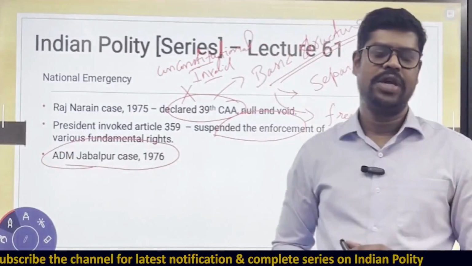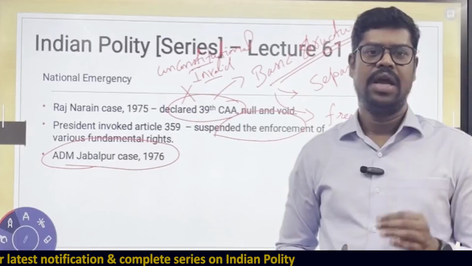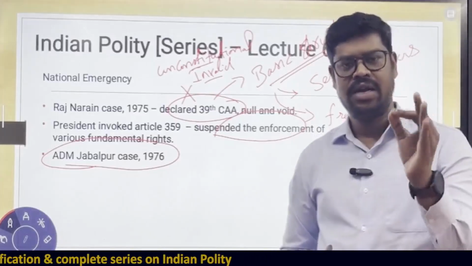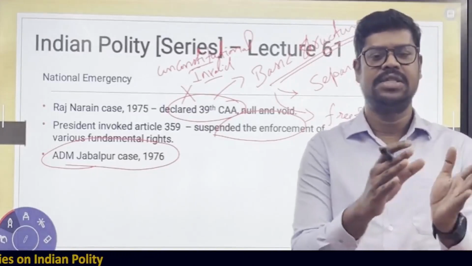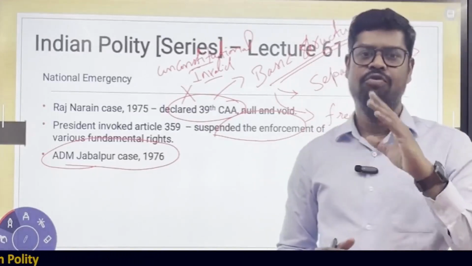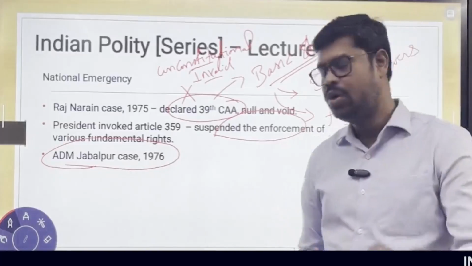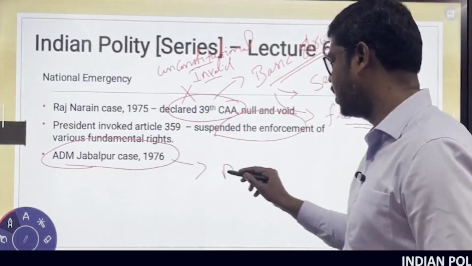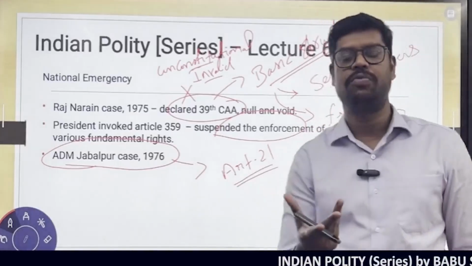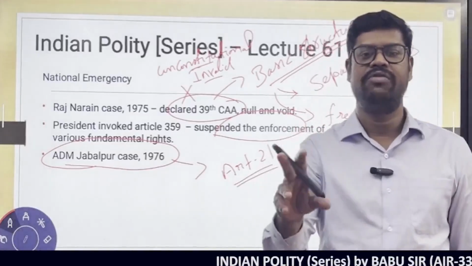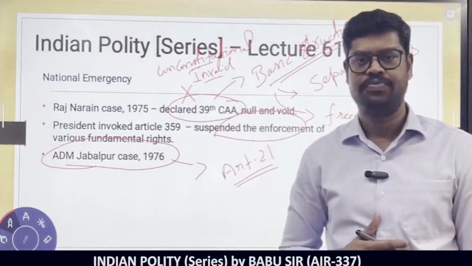And in the ADM Jabalpur case, the Supreme Court made it very clear: when there is a national emergency as a precondition, and subsequent to that, if the President invokes Article 359 and suspends the enforcement of fundamental rights, including the right to life and liberty under Article 21 of the Constitution, the Supreme Court has no authority to protect the right to life and liberty, because the right to life and liberty and their enforcement can be suspended by the President under Article 359.